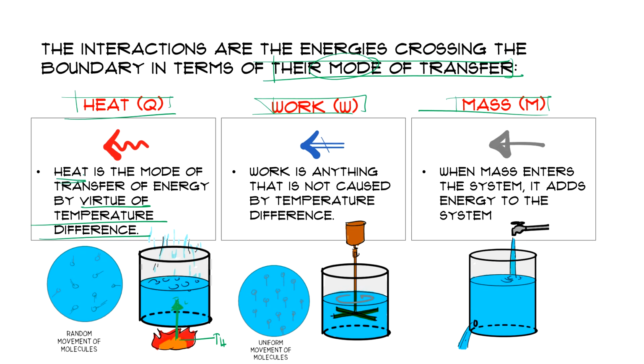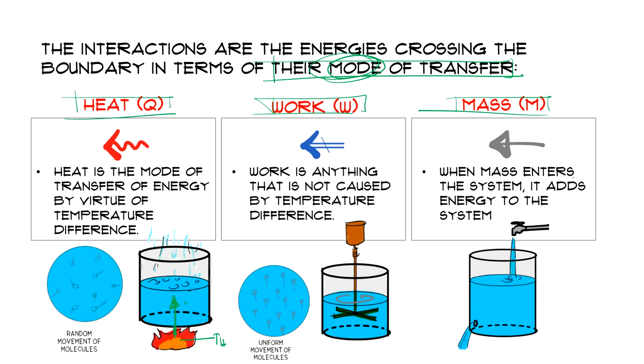And sometimes they just say heat is energy, although it can be said that way, maybe in terms of precision, it's not going to be precise. So it should be a mode of transfer.